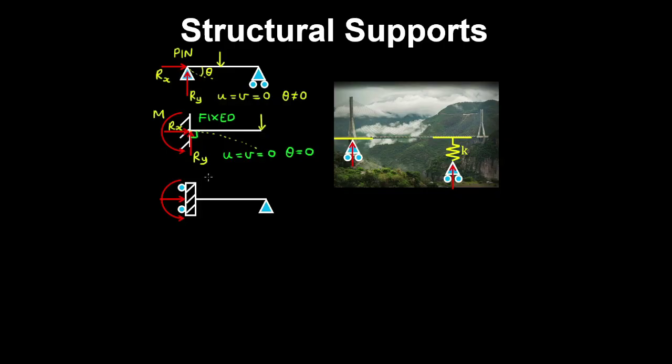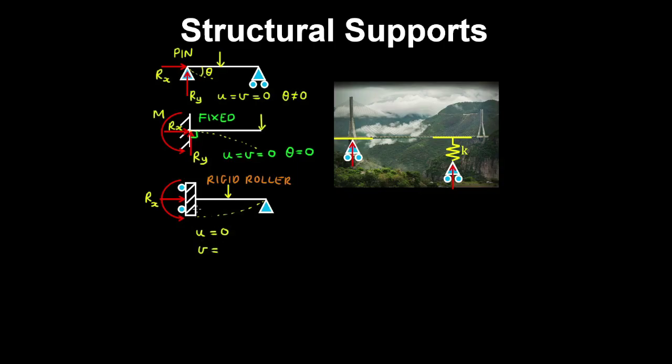Now in this third case, we have a rigid roller support, and when this beam's loaded, it'll deform something like this, because the rigid roller has a horizontal reaction which prevents translation in the horizontal direction, but it has no reaction in the vertical direction.